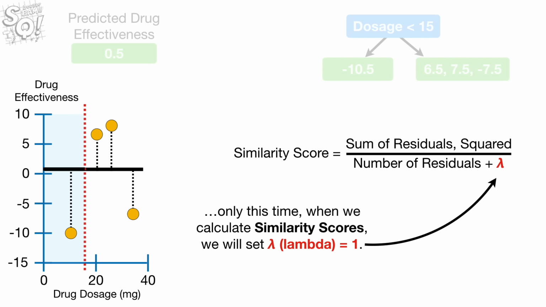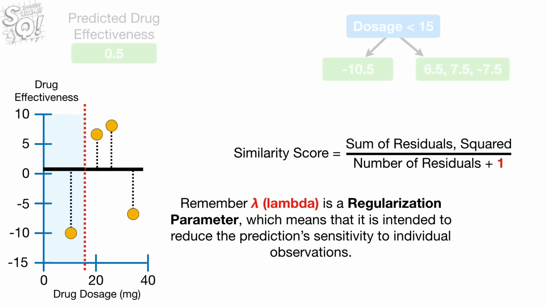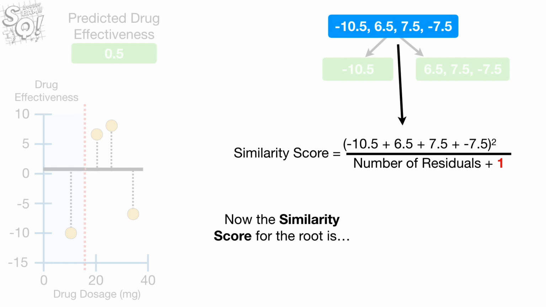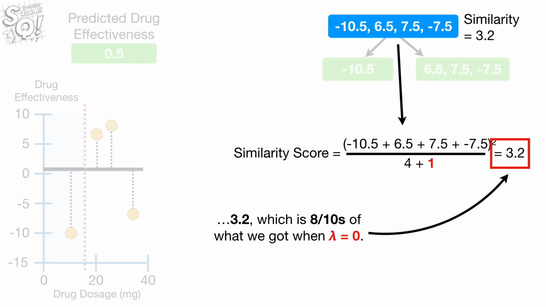we calculate similarity scores, we will set lambda equal to 1. Remember, lambda is a regularization parameter, which means that it is intended to reduce the prediction sensitivity to individual observations. Now the similarity score for the root is 3.2, which is 8/10 of what we got when lambda equals 0.